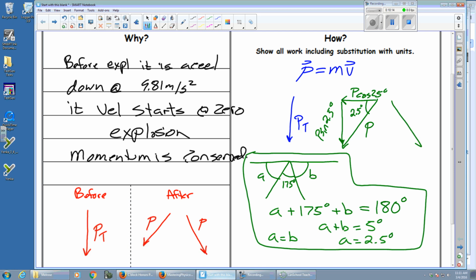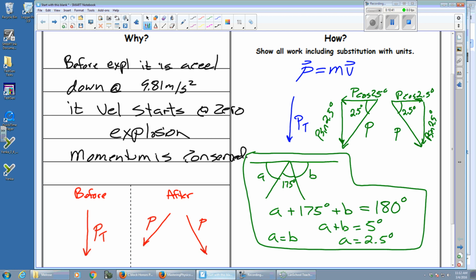And then I also have P in this direction, where this is 2.5, and this would be P. Good.